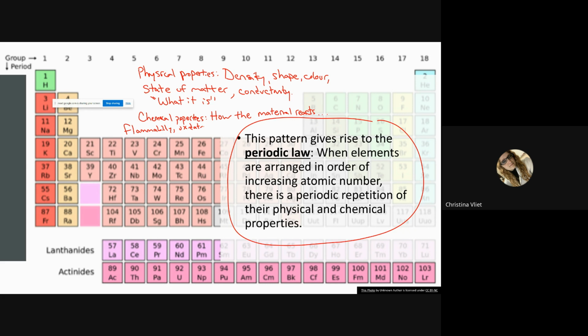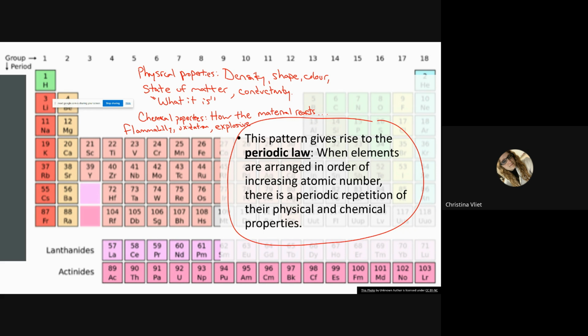Oxidation, does it oxidize? Is it explosive, right? And I set it on fire. Will it be oxidized? Is it explosive? There's other words, but I just want you to have the ideas in place. Physical property is, I'm looking at it, what does it look like? Chemical property is, how is it going to react?